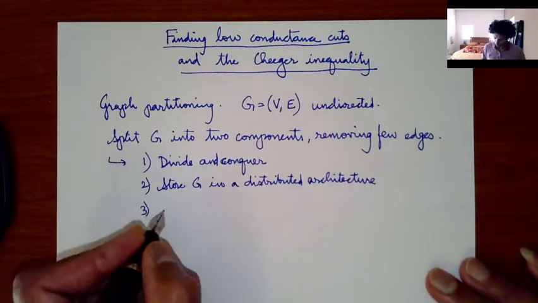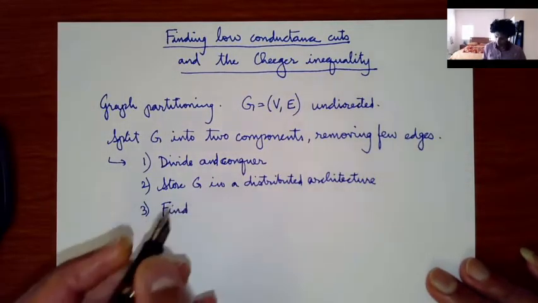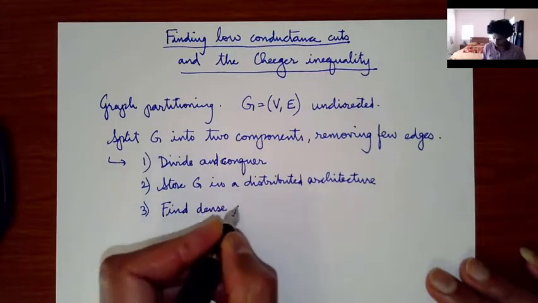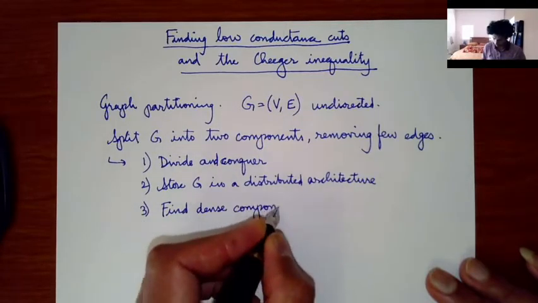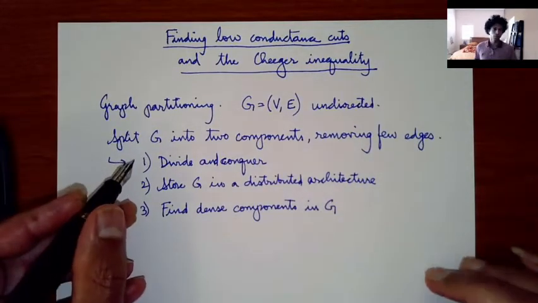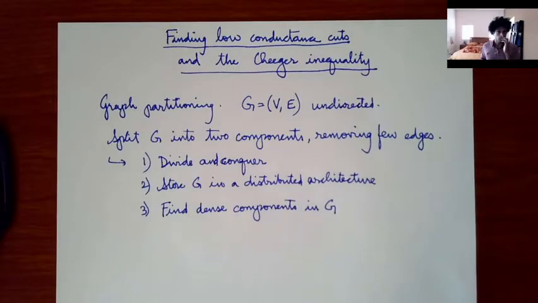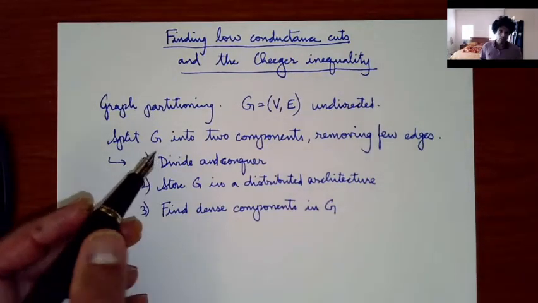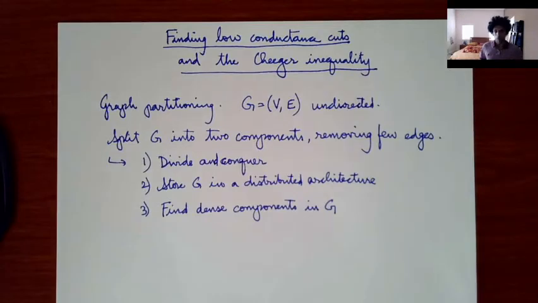You may want to find dense components in G. And of course, this might not find a dense component, but you could recursively repeat it. You would actually see stories of splitting into 2 components for finding dense components.